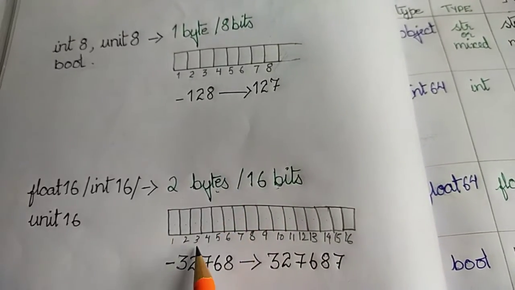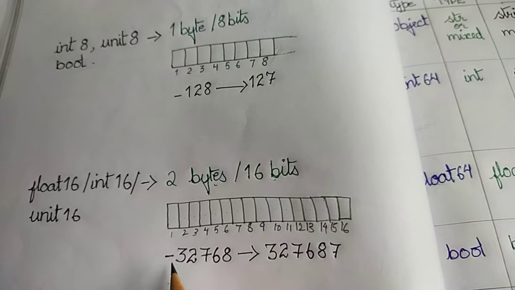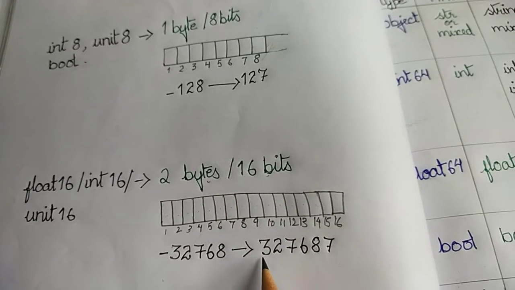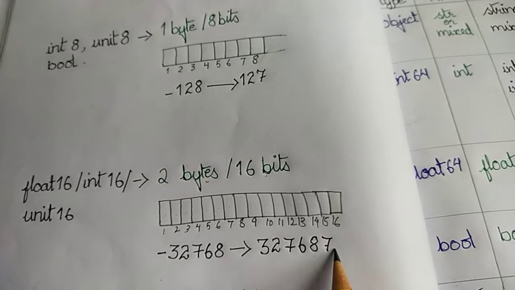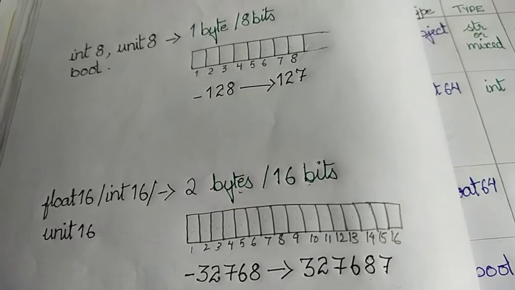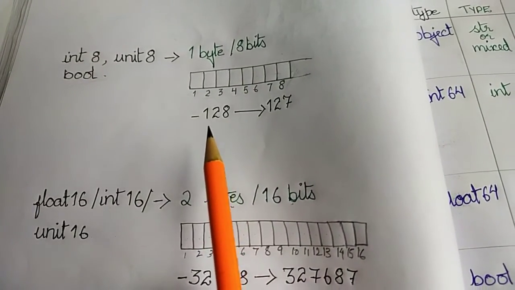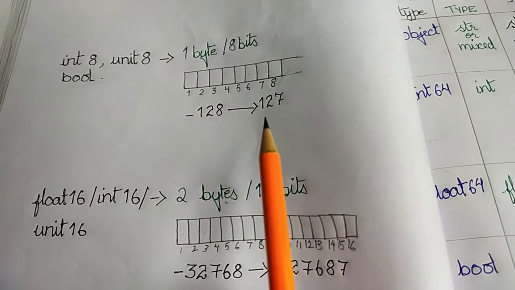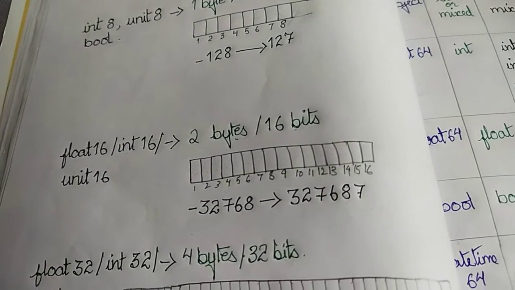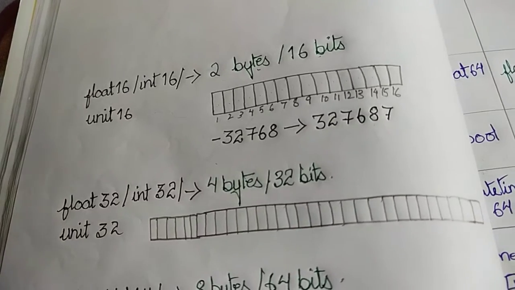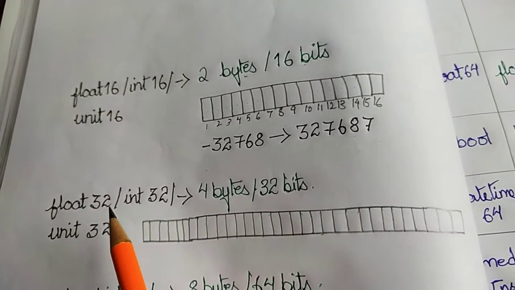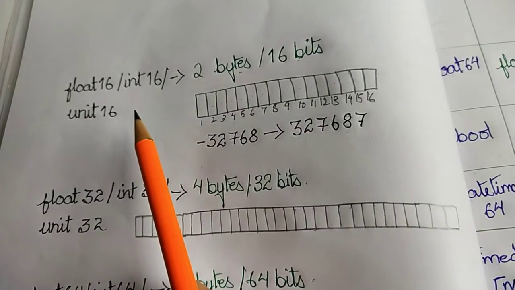And over here the range is -32768 till positive 32767. But in int8 or uint8, the range is just -128 to positive 127. Then again back, we also see that we have float32 and int32. Again, this 32 is double than 16.